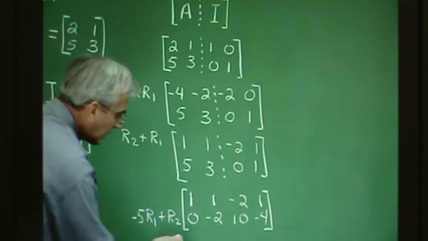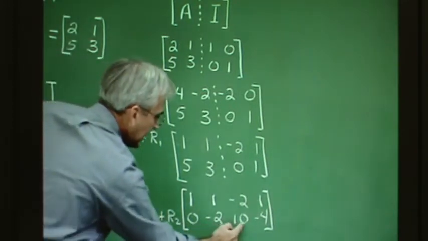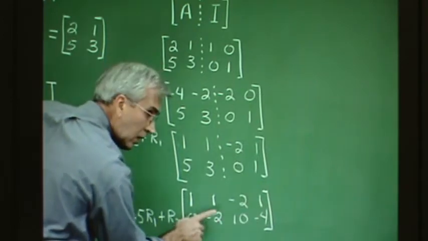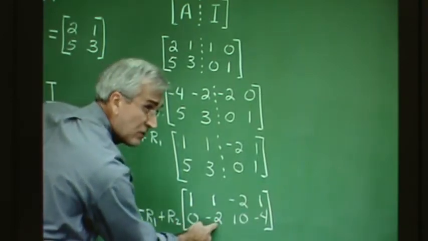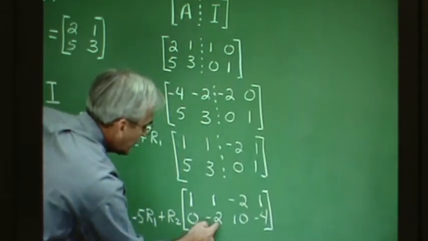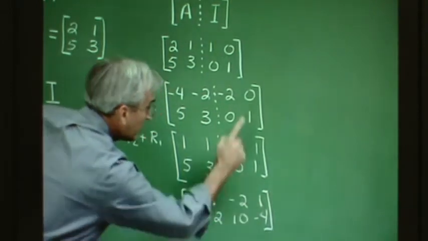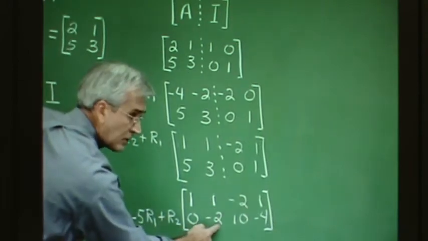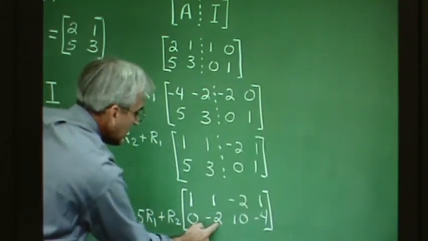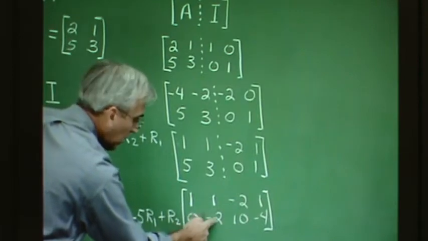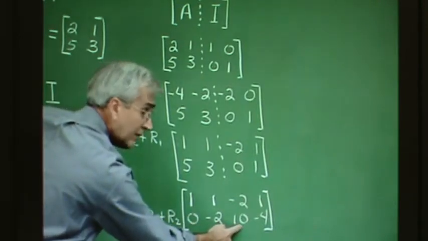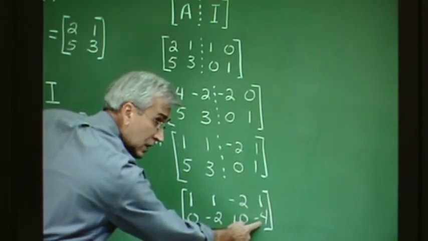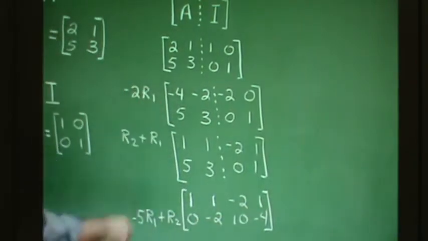Now notice that I have entries that are all even through here. So if I want to accomplish a 1 in this position, and that's the next thing I want to do, I'll just divide here by -2. We're not going to be able to refer back to this, so understand what we're going to have. We divide here by -2 to give us a 1. We divide here by -2 to give -5. We divide here by -2 to give us 2. Okay, that's what we're going to do in the next step. Let's go up there and do that.